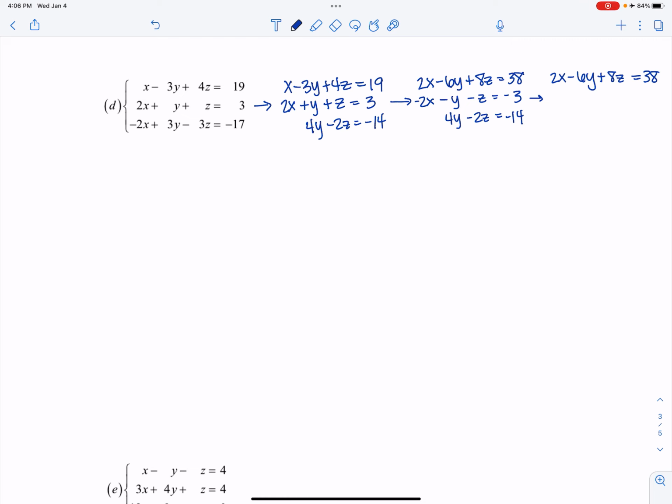And then we'll have 2x minus 2x, 0, negative 6y and negative y is negative 7y. 8 minus 1 is 7z, and 38 minus 3 is 35. Again, we didn't do anything to the bottom, so it just tags along. 4y minus 2z equals negative 14.